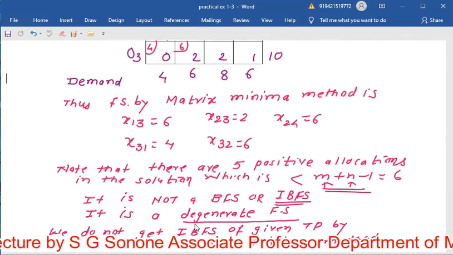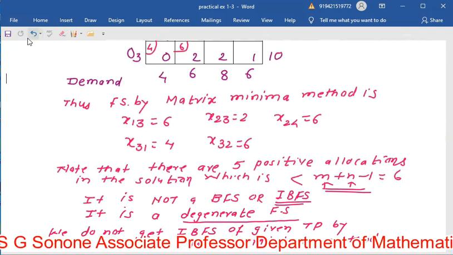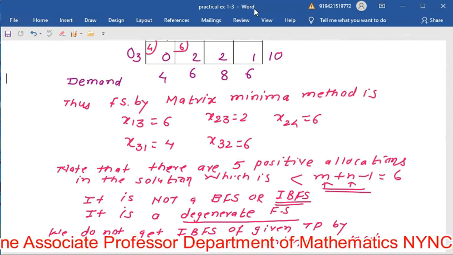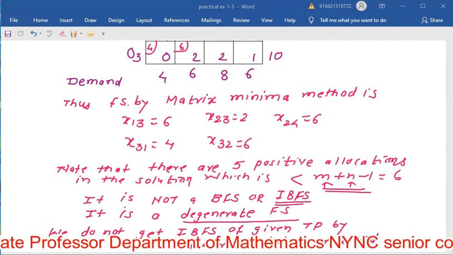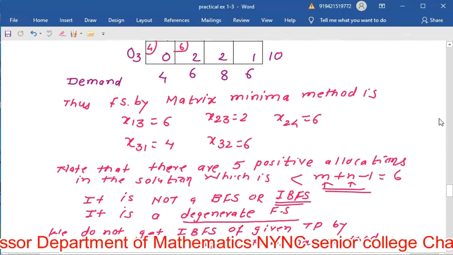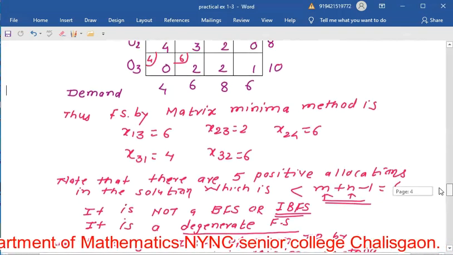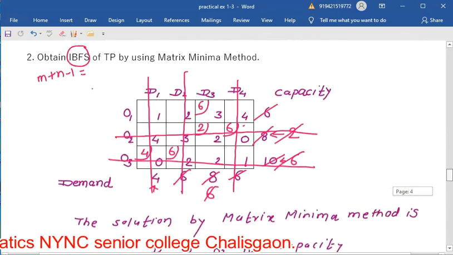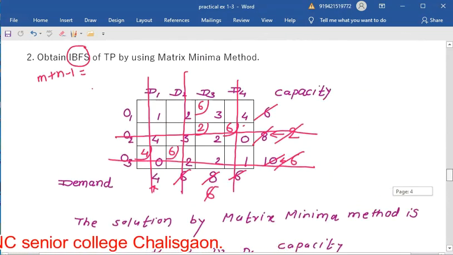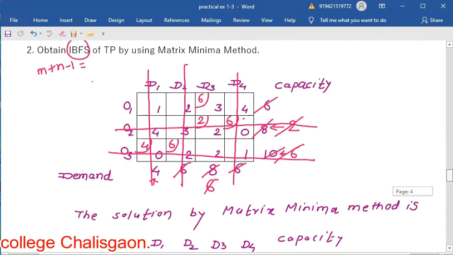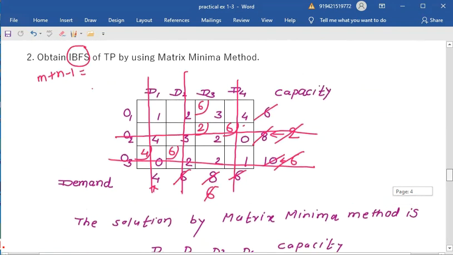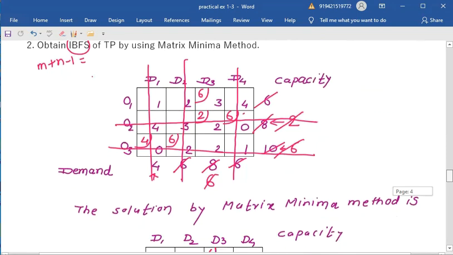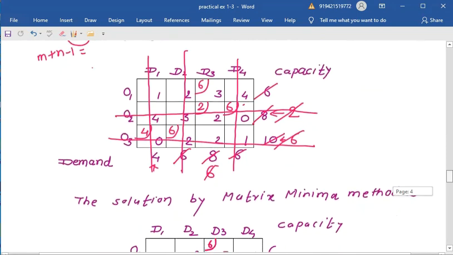So using the matrix minima method, we do not get an initial basic feasible solution of this transportation problem. And since the number of positive allocations is less than m plus n minus 1, we say that it is a degenerate feasible solution.